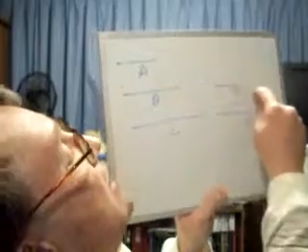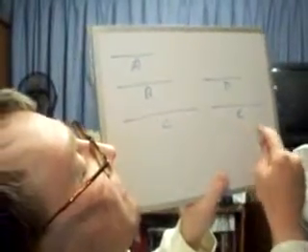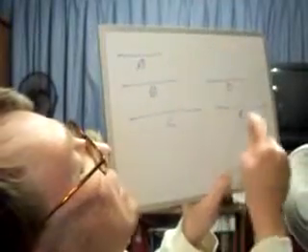So as B is to D, so as D is to A. Therefore, also as D is to A, so as C is to E. D is to A as C is to E.